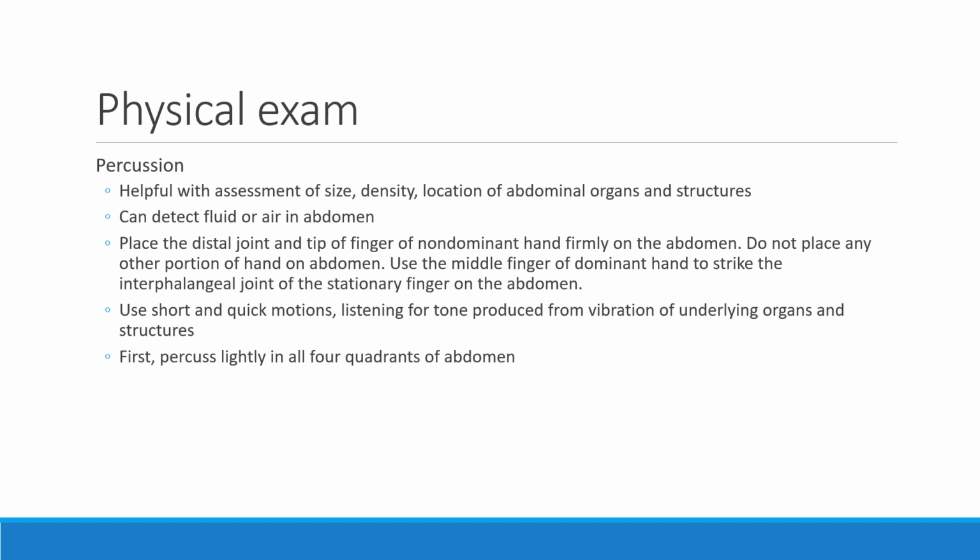Then you will use the middle finger of the dominant hand to strike the interphalangeal joint of the stationary finger on the abdomen. You want to use short, quick motions, listening for the tone that's produced from vibration of underlying organs and structures. First, you will percuss lightly in all 4 quadrants of the abdomen. Generalized tympany can be found due to gas over the majority of the abdomen, and dullness is heard over fluid, masses, or a distended bladder.